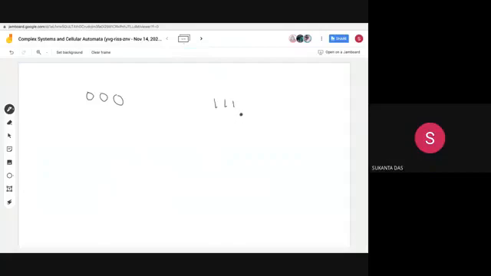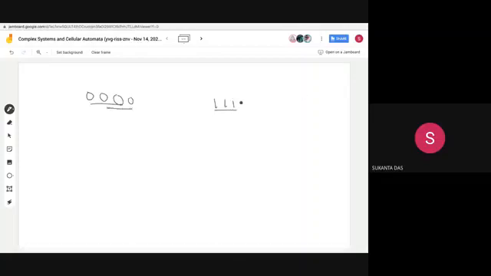Okay, so from 0 0 0, what can I get? Again 0 0 0, and 0 0 1, and here 0 1 1, 1 1 0 and 1 1 1. So I am getting this sequence. If I put 0, I'm getting again 0.